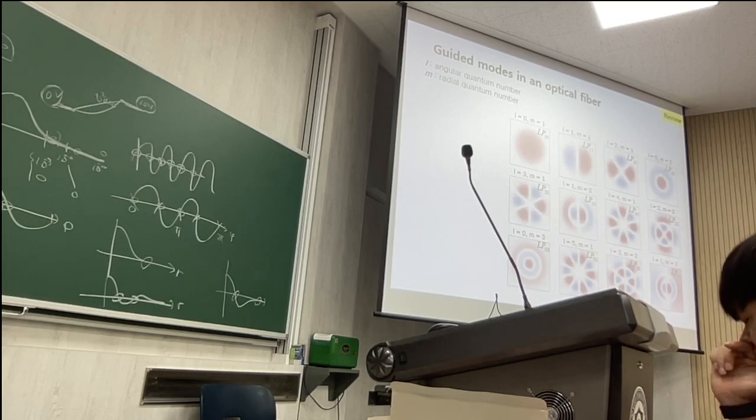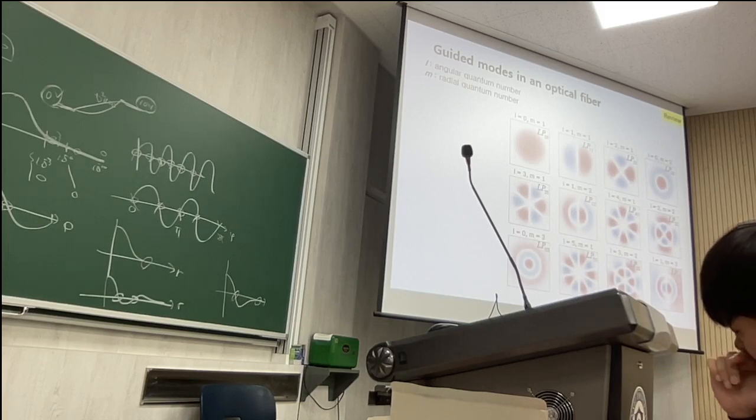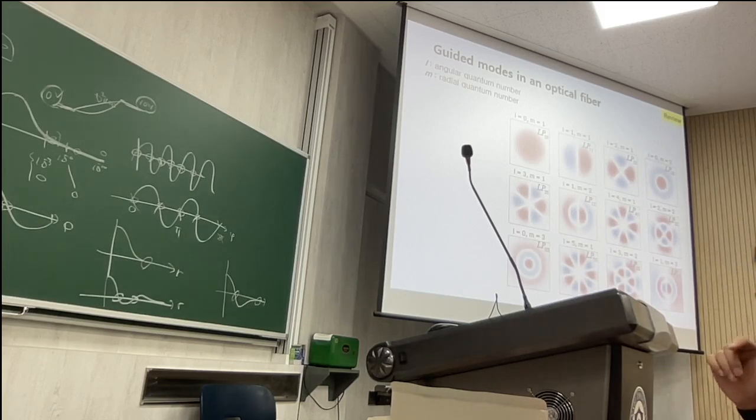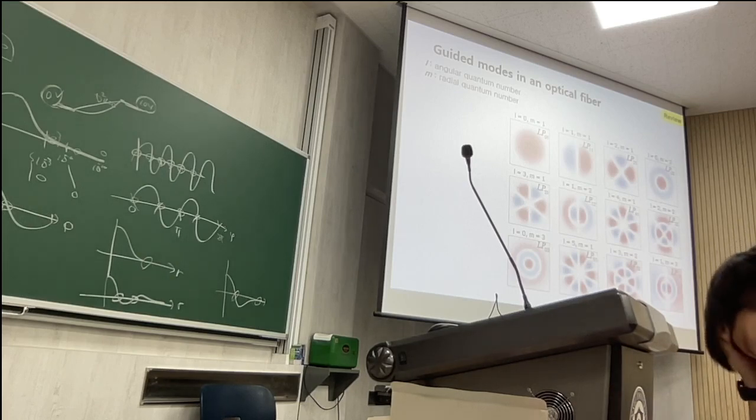And another wave propagating along the other direction is the combination of exponential I k effective times Z plus omega t. So this is the wave propagating along negative Z direction, and this is the wave propagating along the positive Z direction.